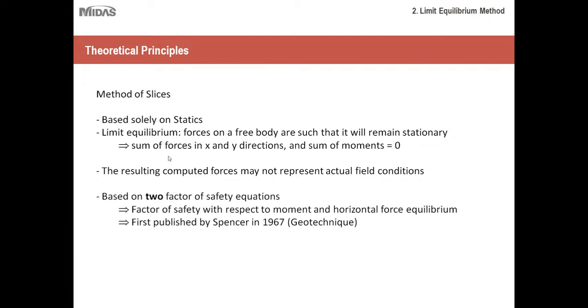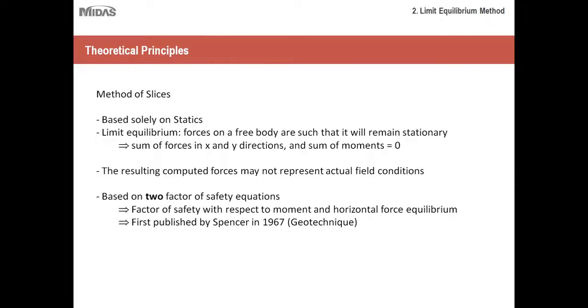Okay, and it's based on two factor of safety equations: the factor of safety with respect to moment and horizontal equilibrium, which was first published by Spencer in 1967 in the Geotechnique article. Just a recap of the factor of safety: essentially it's a ratio of the forces acting against your slope, making it unstable, versus the forces that are keeping your slope stable.